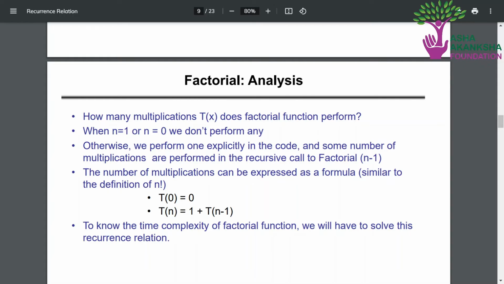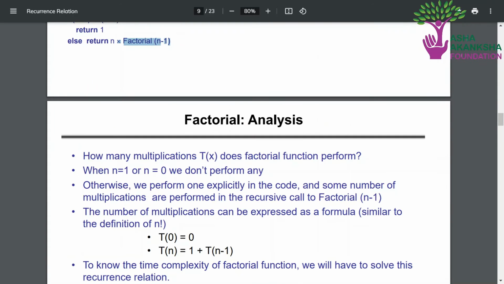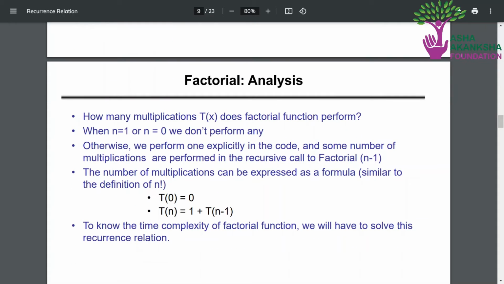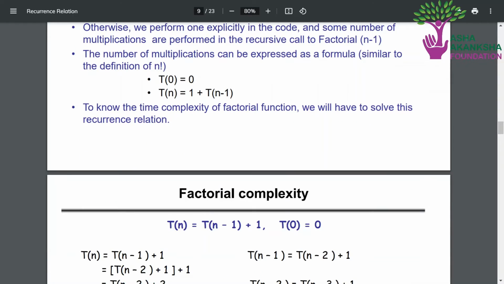First of all, the base condition: the number of multiplications for 0 is equal to 0, but the number of multiplications for the nth term is 1, which is this n multiplied by factorial of n minus 1, plus the number of multiplications for the n minus 1th term. So to know the time complexity of the factorial function, we will have to solve this recurrence relation.